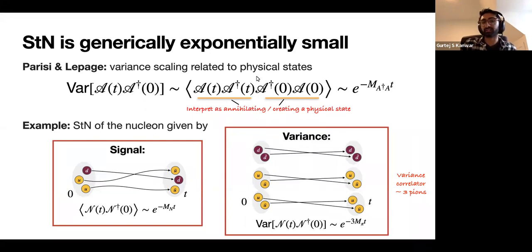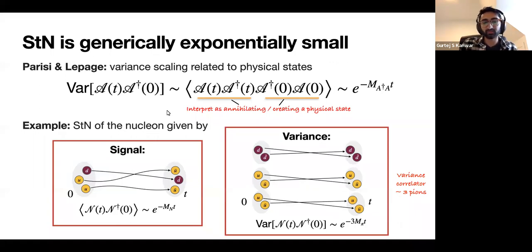At least when fermions are not involved, that story gets slightly modified with the presence of fermions. But generically, regardless of fermions or no, this falls off according to some mass that really is a physical state in the theory. And once you identify what this mass is, you can figure out what the exponential scale is with which the signal to noise vanishes.